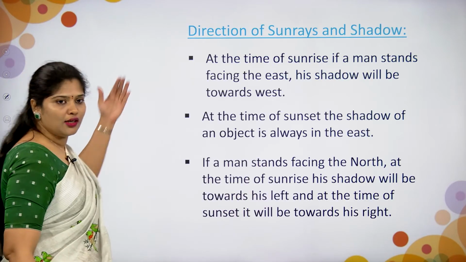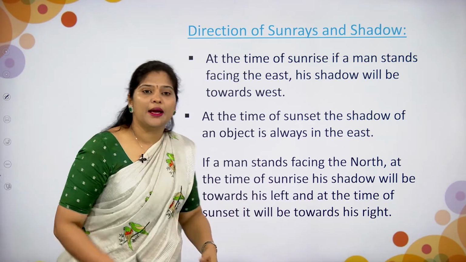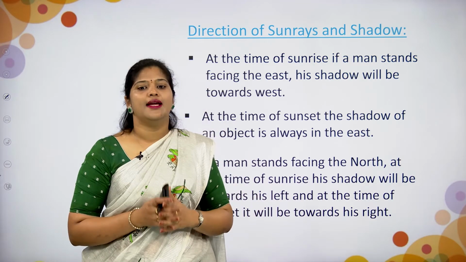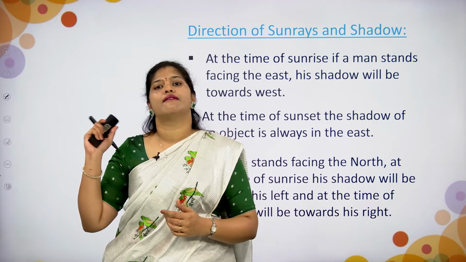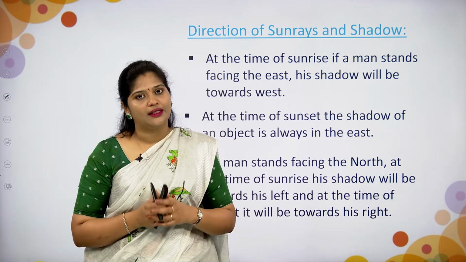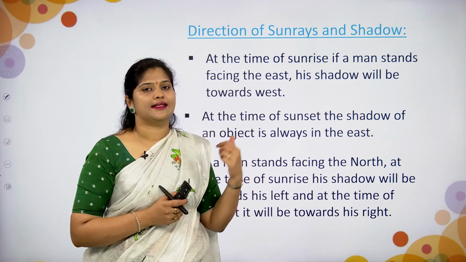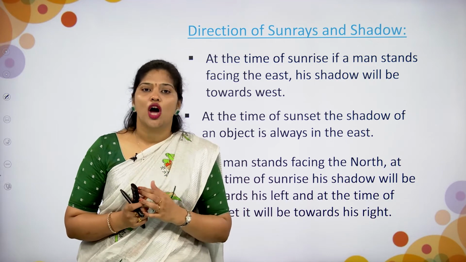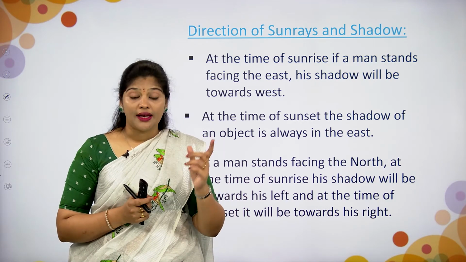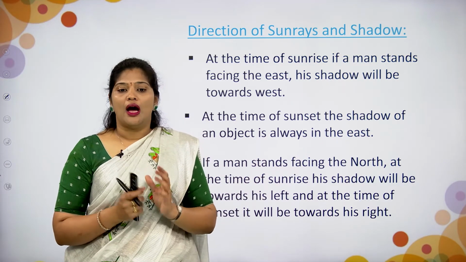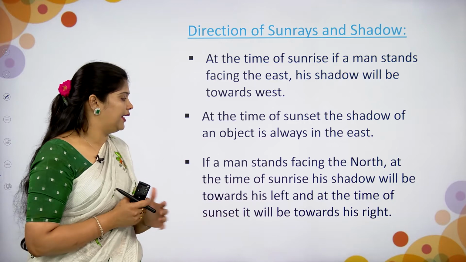let us repeat the points, note it. At the time of sunrise, if a man stands facing the east side, his shadow will be towards west. At the time of sunset, the shadow of the object is always east. Next, if a man stands facing the north direction at the time of sunrise, the shadow will be towards the left side, and at sunset, it will be towards his right side.